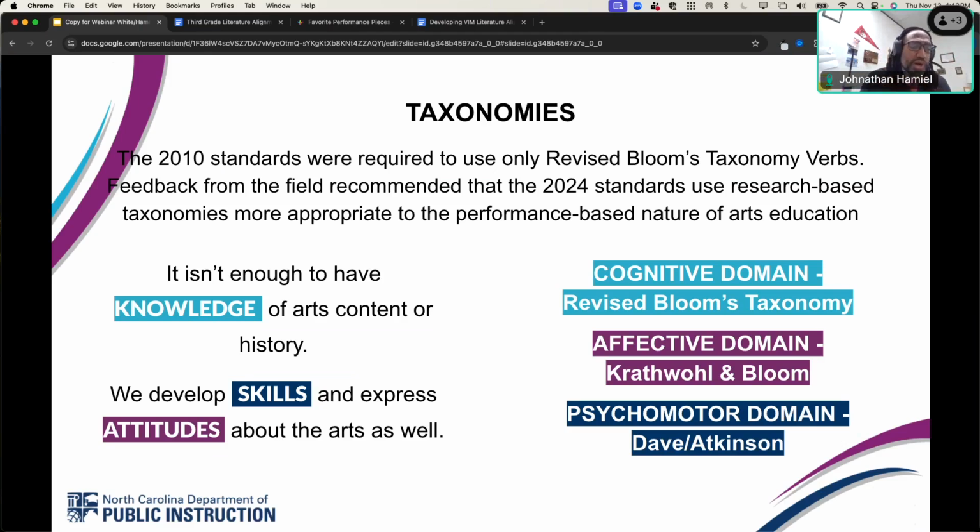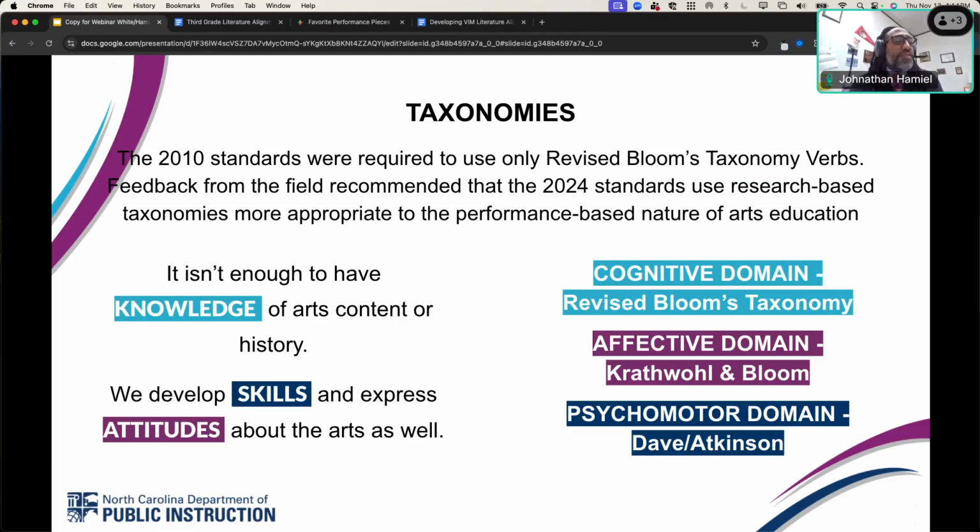Then we got the Krathwohl taxonomy, and the Krathwohl focuses on the affective domain. All right, that's the affective domain, and it focuses on feelings and attitudes and values and emotions. And then, of course, we have Bloom's taxonomy, which is the cognitive domain, which focuses on intellectual skills related to thinking, reasoning, and problem solving.